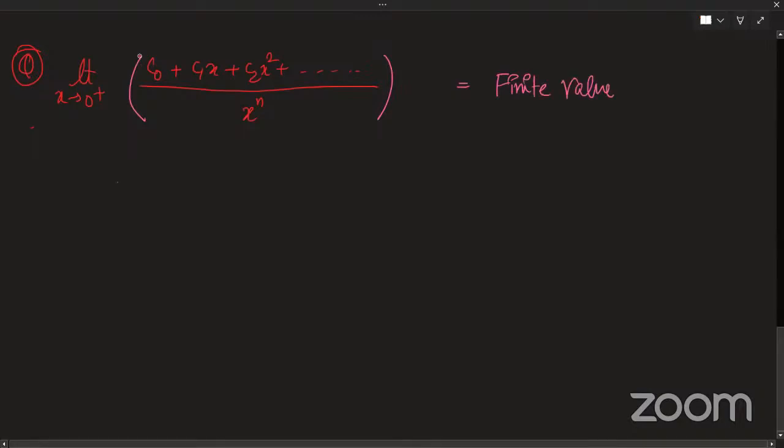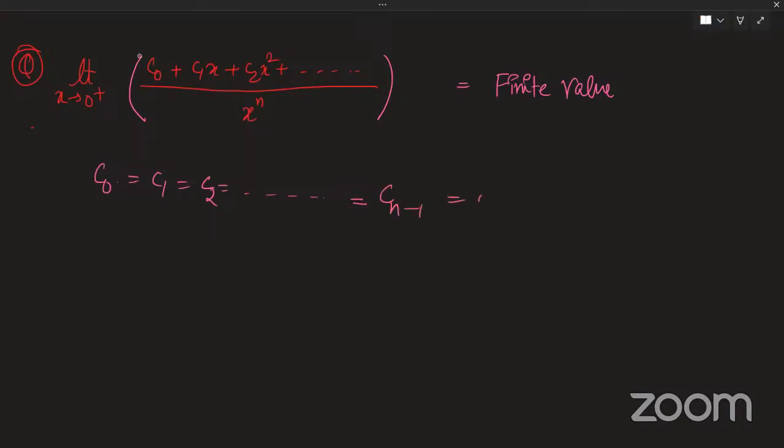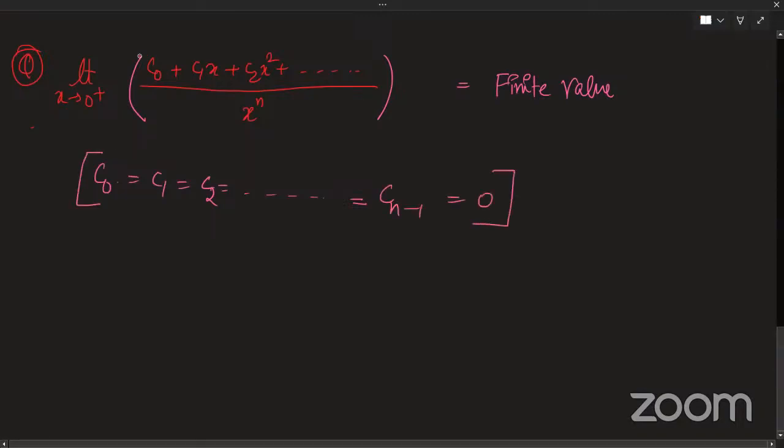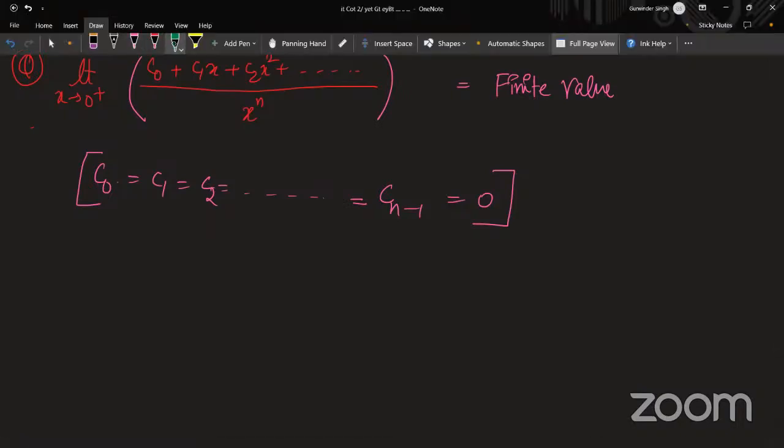So what can you infer? I can infer that C0, C1, C2, so on, up to Cn minus 1, all are zero, right? You all agree with this?